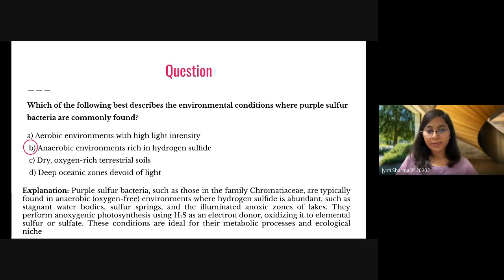Such bacteria are typically found in anaerobic environments where there is an abundant amount of hydrogen sulfide, such as stagnant water bodies, sulfur springs, and illuminated anoxic zones. There is no oxygen, and they perform anoxygenic photosynthesis using H2S as an electron donor, oxidizing it to elemental sulfur or sulfate, and this condition is ideal for the metabolic process and the ecological niche.